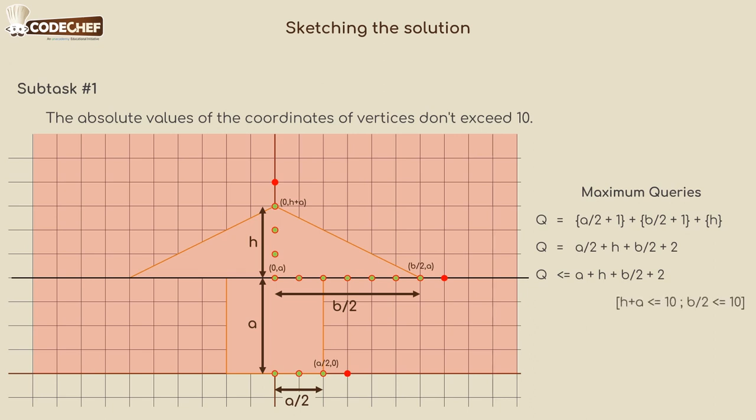Now we know that h plus a is less than or equal to 10 because it is given in the constraint that the whole figure will be lying inside this area. Also b by 2 is less than or equal to 10. So it will give us that q is less than or equal to 22. It is less than 100, so this approach will work.